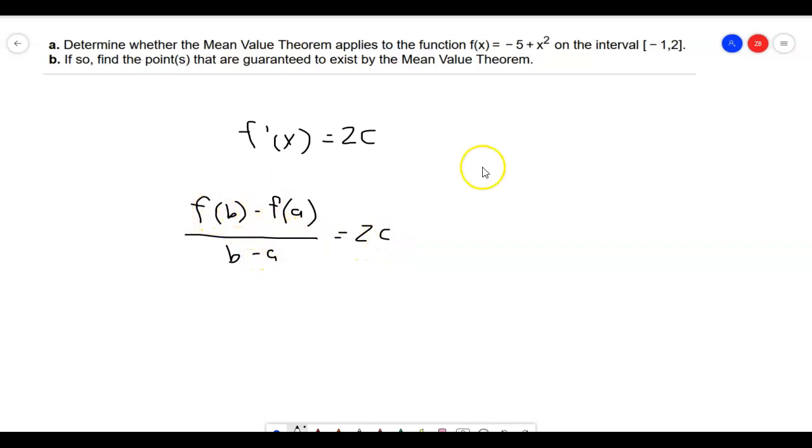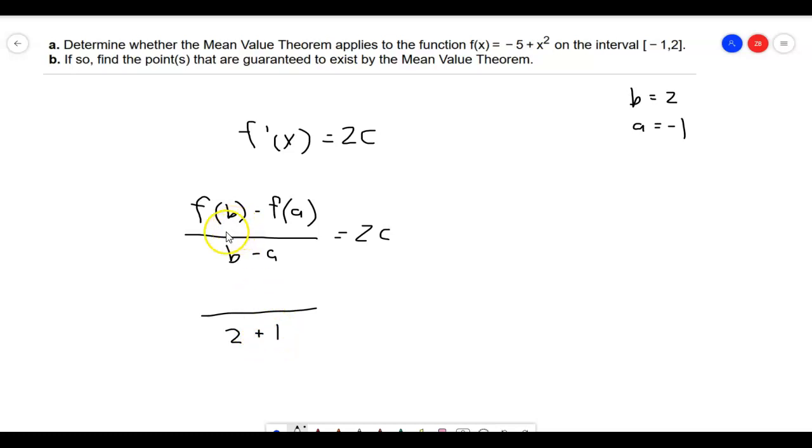Now I have b, which is just the end value of my interval. So b is going to be equal to 2, and a will be equal to -1. So putting everything in here, 2 minus -1, that's +1 on the bottom.